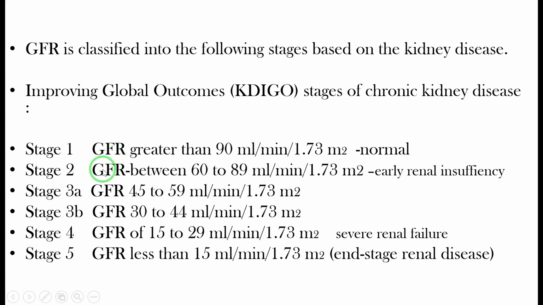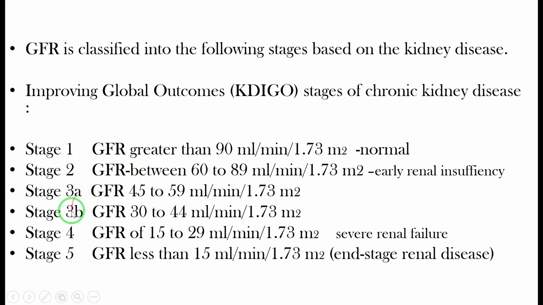And if the GFR was between 60 and 89, then it indicates that the patient has an early renal insufficiency, and other markers may be elevated in this stage. He may have plasma urea start to increase, the plasma creatinine also started to increase, the parathyroid hormone increase at this stage.